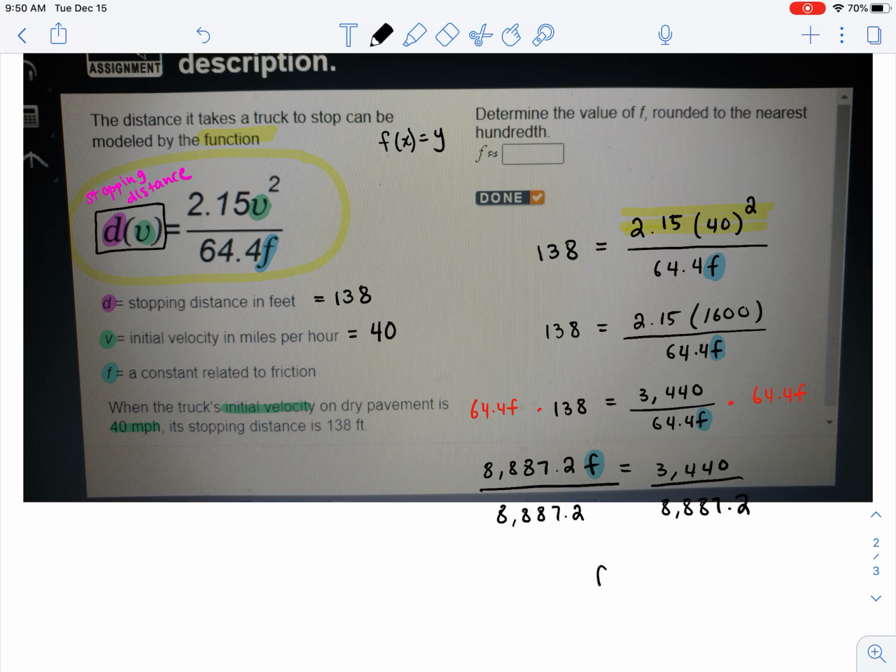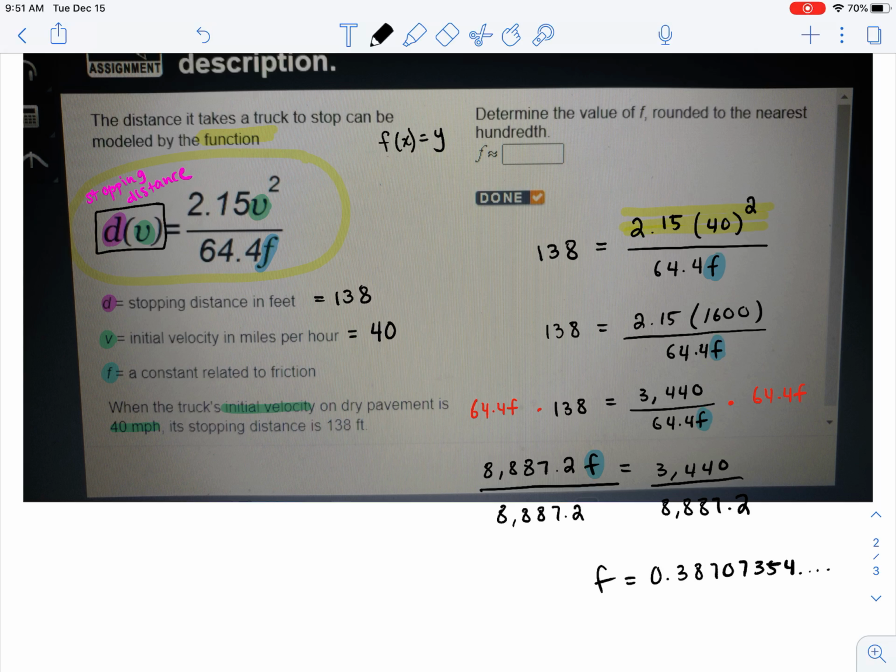So now f is equal to whatever I get on the calculator from that. So we have 3,440 divided by 8,887.2, and we get 0.3870734, and it's going to keep going.